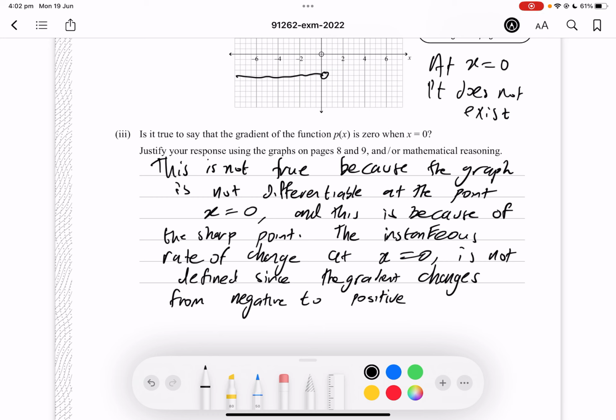Just any sharp point or rapid change, the gradient is not defined. So in this case, something like that should be fine, and this question should be okay.